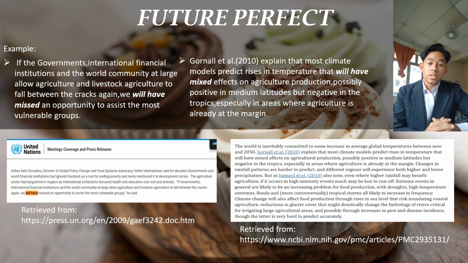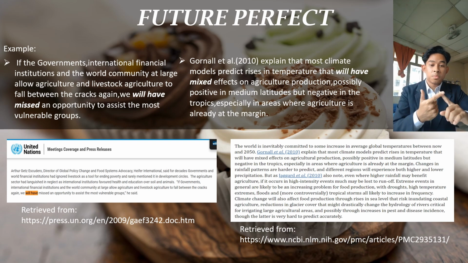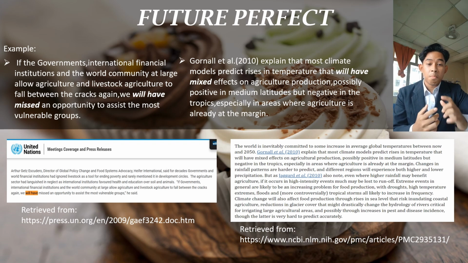Both of these sentences use the future perfect tense, because both have "will have" plus the past participle of the verb, which is, for example number 1, missed, and example number 2 is mixed.